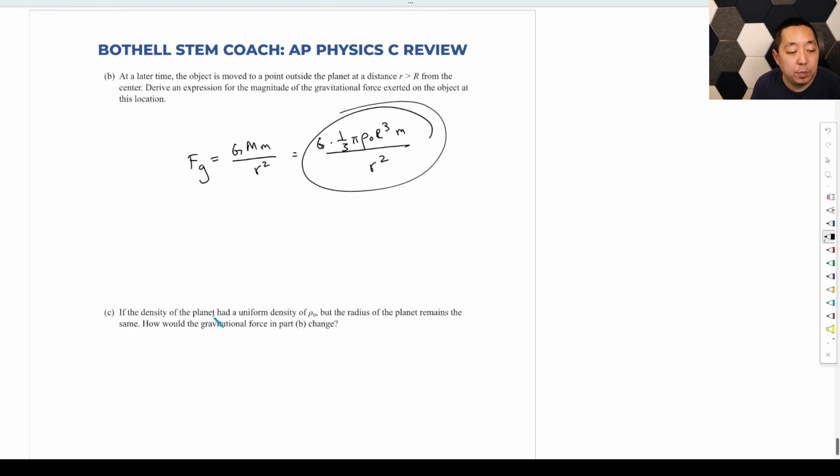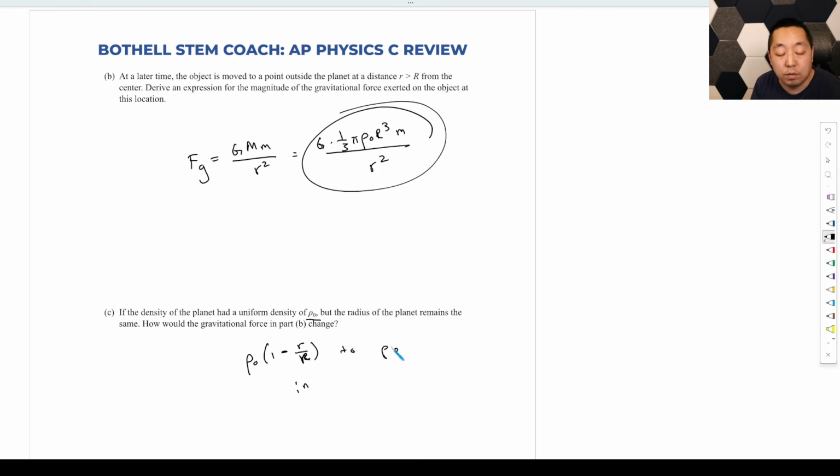If the planet has a uniform density of rho 0, but the radius of the planet remains the same, how would the gravitational force in part B change? So how would the mass change ultimately? We're going from rho 0 times (1 minus little r over big R) to rho 0. That's an increase, because when you do 1 minus, this makes a number less than 1.